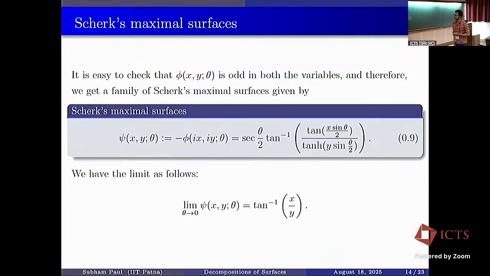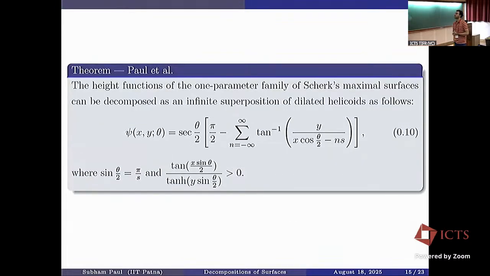In this expression, we can also see that if we take the limit as theta tends to 0, then the limit converges again to the helicoid. What we found was that, similar to the Scherk's family of minimal surfaces, this family also allows a similar decomposition because the symmetry is unchanged. This is the new family psi(x,y,theta), and it satisfies the decomposition presented by equation 0.10.